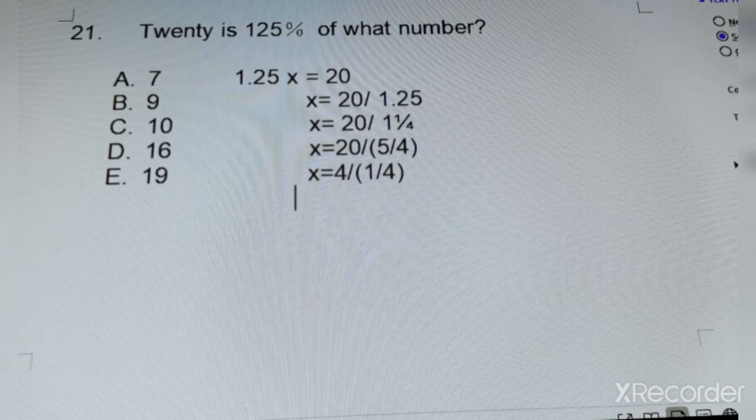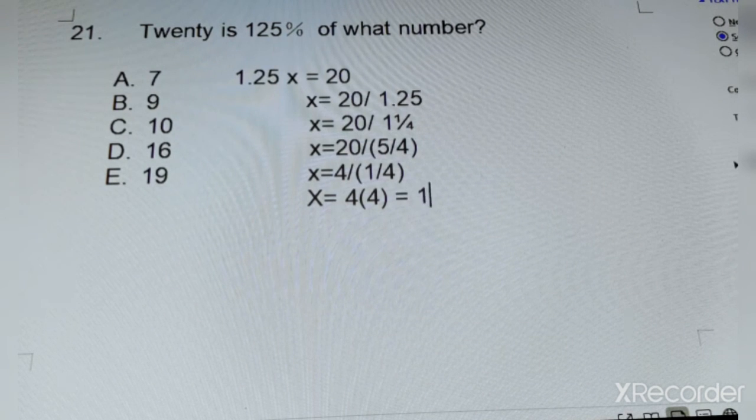After that, x is equal to 4 times the reciprocal of 1/4. So that is 4 times 4, and this is equal to 16. Okay. Letter D is our answer.